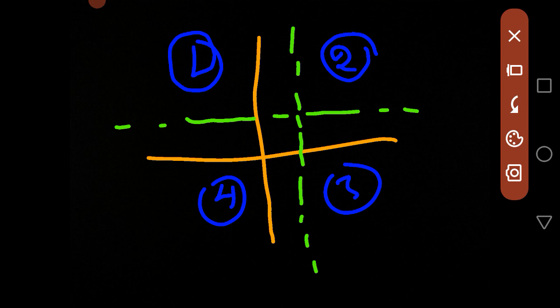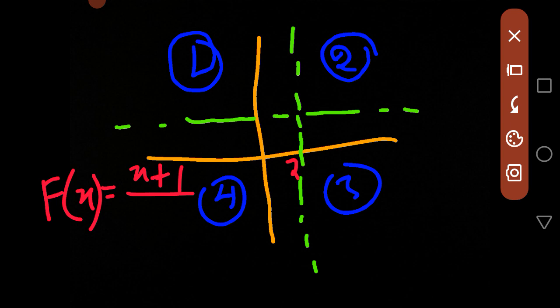Imagine your vertical asymptote here is 2, and you had something like f of x is equal to, maybe, x plus 1 over x minus 2.